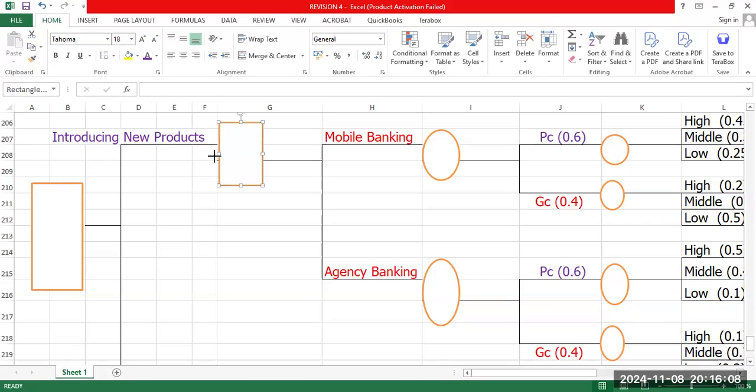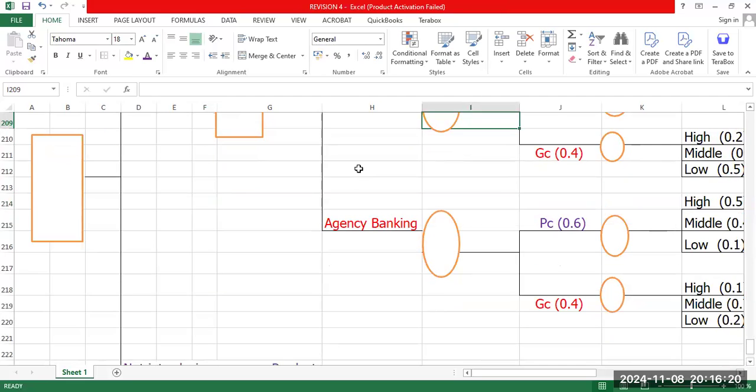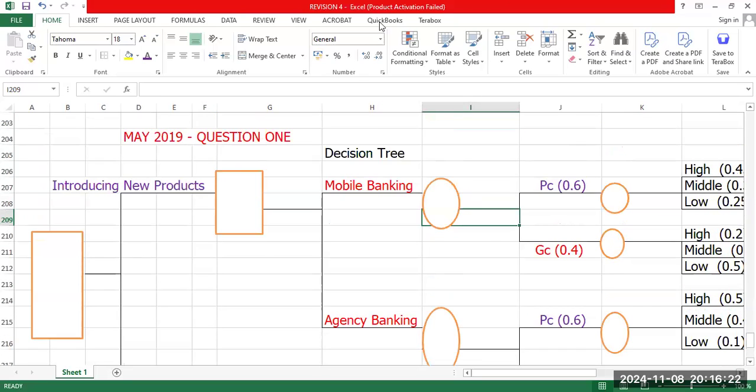So use a pencil to be on the safer side.